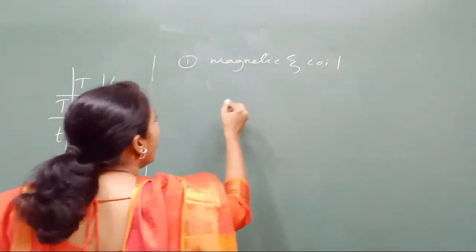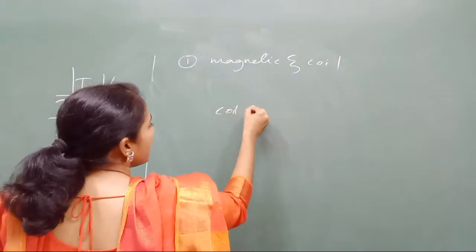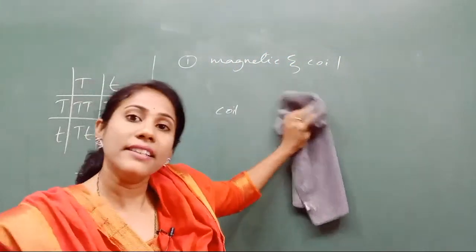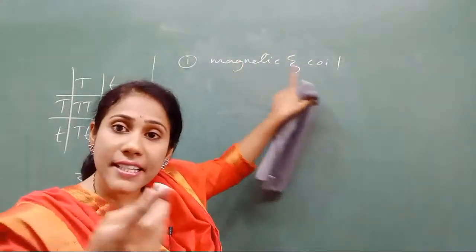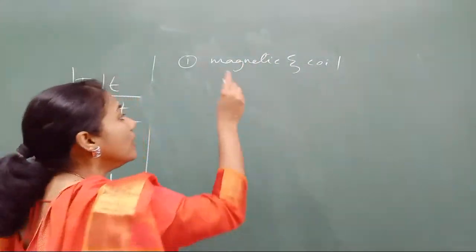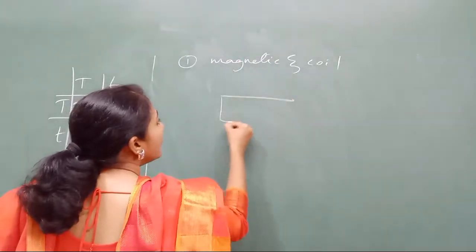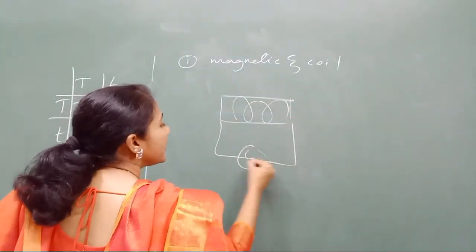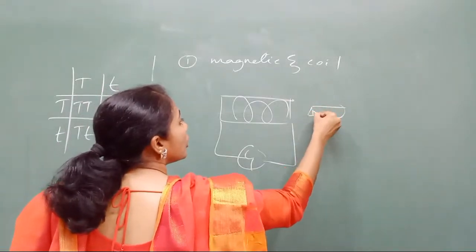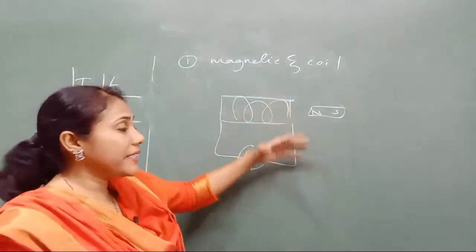You can mention the magnet and coil experiment, or the coil and coil experiment, with primary coil and secondary coil. The magnet and coil one is much simpler. This experiment you have to mention neatly. You have to draw a diagram. Connect the coil to a galvanometer, then keep a magnet with north pole and south pole, and explain it in a sentence.